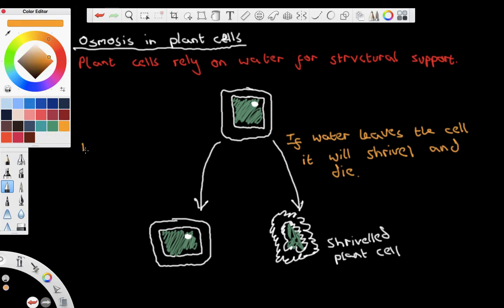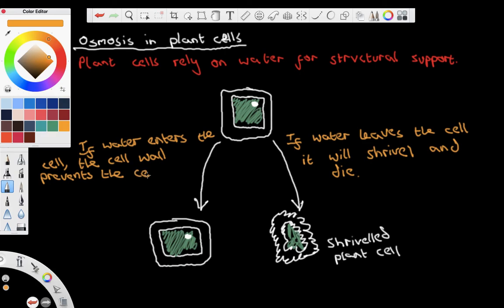So we can say here, if water enters the cell, the cell wall prevents the cell bursting and it becomes turgid.